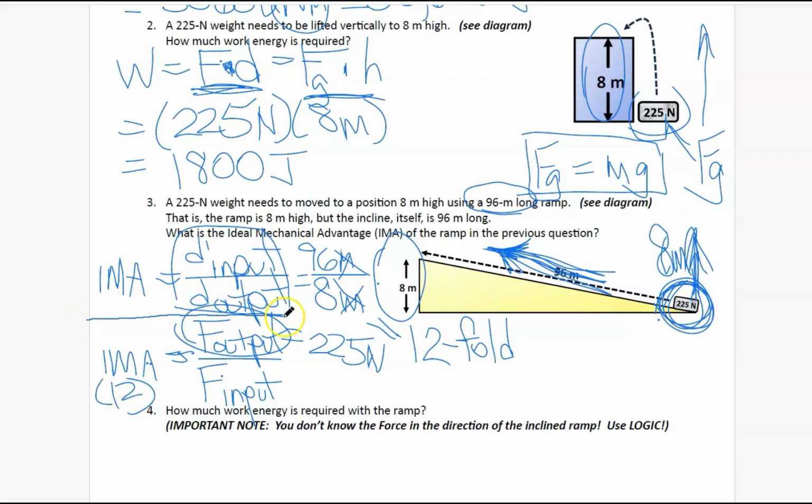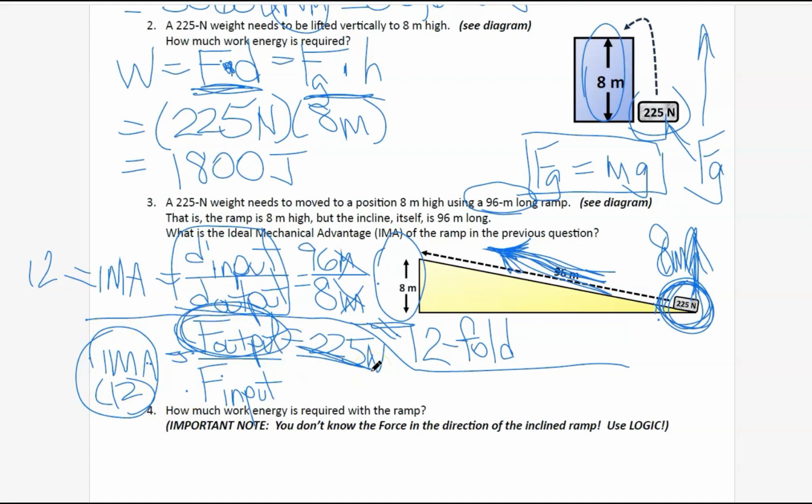Now, everything I'm doing here from this point on is not in this question, but I wanted you to see that while IMA can be calculated two ways, we don't have all the information to do it with the forces. But if we calculate the IMA the way we can do it and get 12, now we can use the IMA and the force output that we know is the 225 newtons.